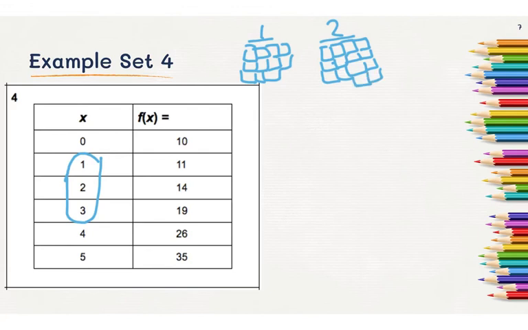All right, and then the third one, 1, 2, 3, 4, 5, 6, 7, 8, 9, 10, 11, 12, 13, 14, 15, 16, 17, 18, 19.